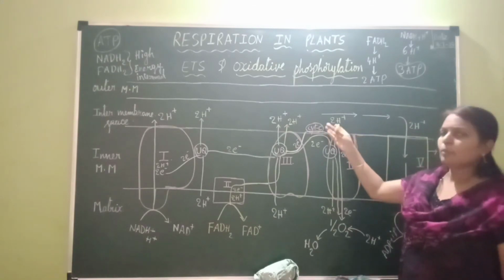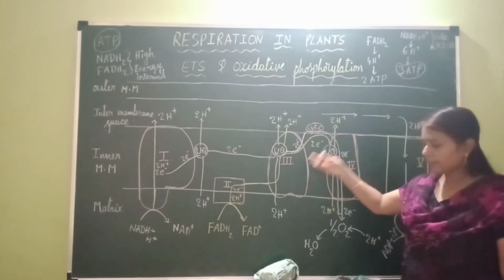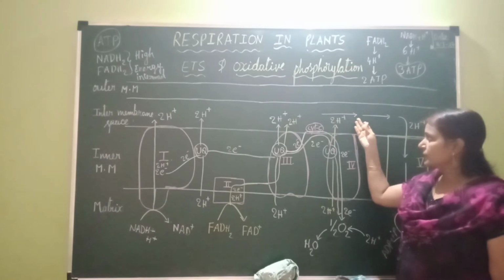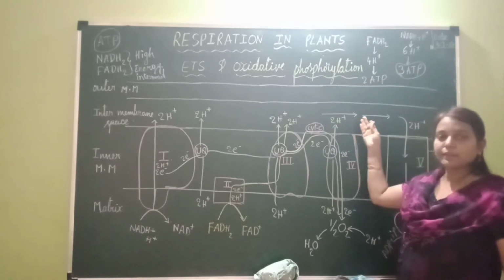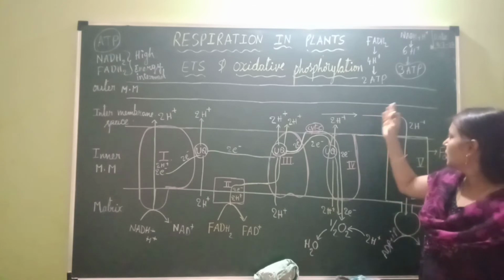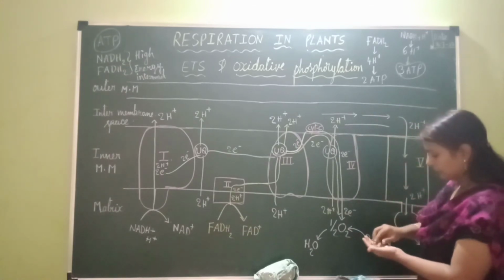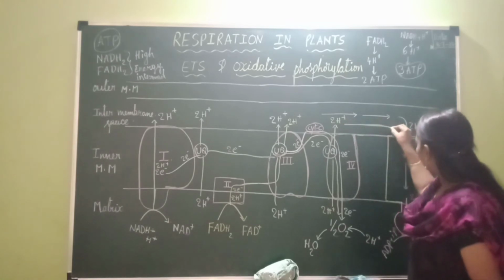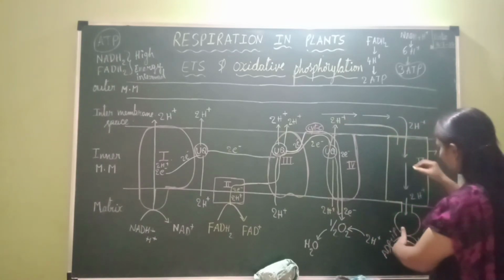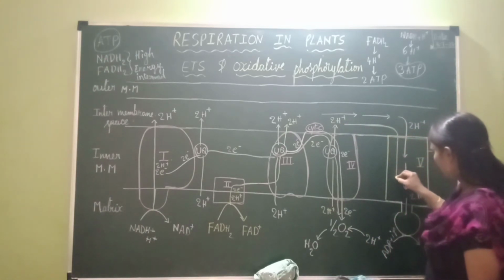So here also a proton gradient is developed when FADH2 undergoes oxidation. Proton motive force is developed in the intermembrane space, it undergoes breakdown, and these protons are again transported towards the matrix, into the F1 particle, through what?